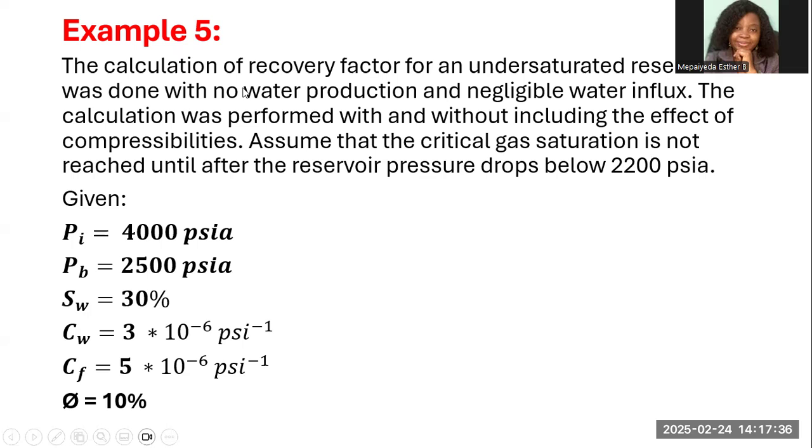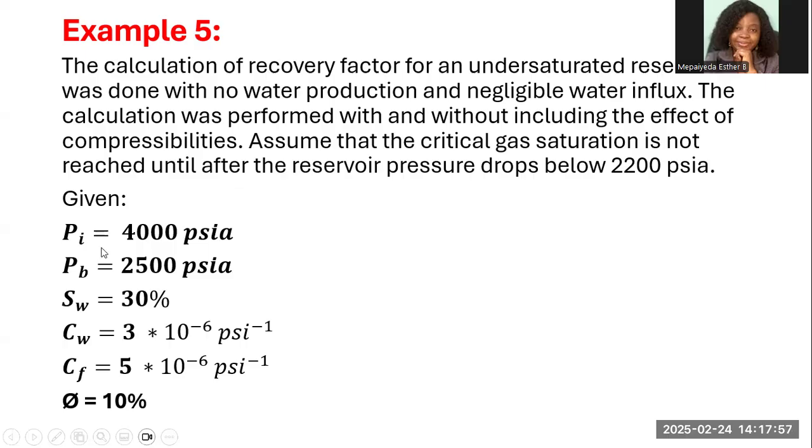So this interesting question we have, it's an undersaturated reservoir. There is no WP, there is no WE, they are both 0. And then you have the effects of compressibilities to be examined, okay?